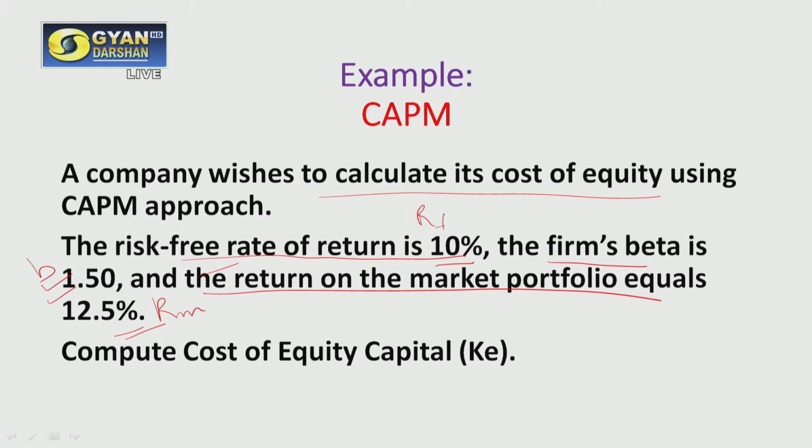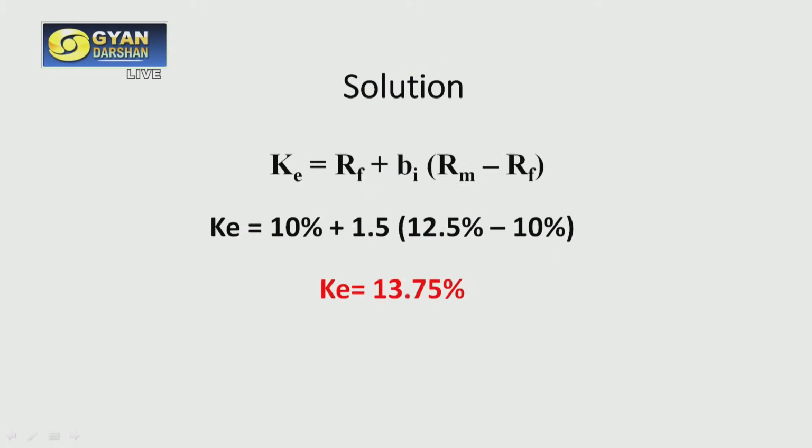We already have the equation for how we can calculate KE, that is cost of equity, using the capital asset pricing model. So we can calculate this by placing these values in our equation. Our RF is 10%, our beta value is 1.5, and market return is 12.5%. We just need to subtract RF, the risk-free rate, from market return to get the risk premium value. This risk premium amount will be multiplied with 1.5.